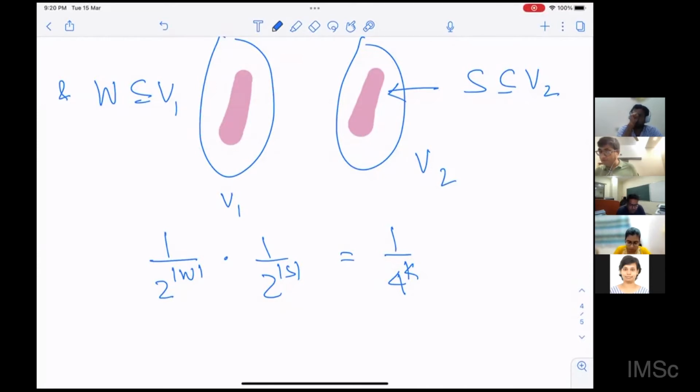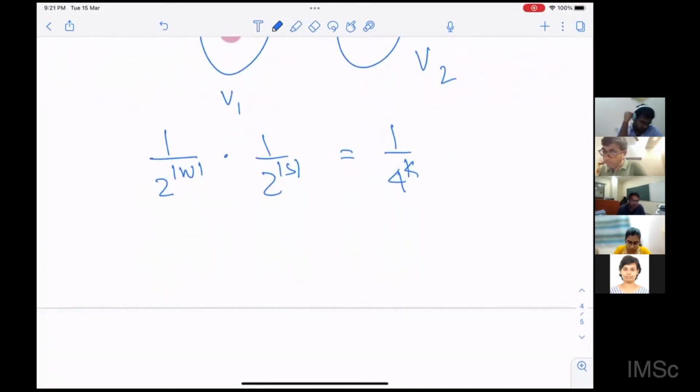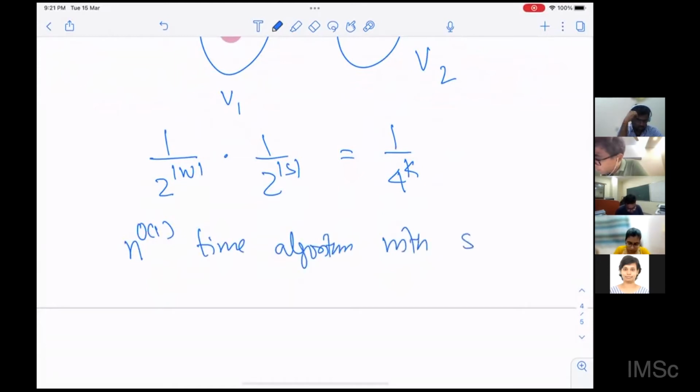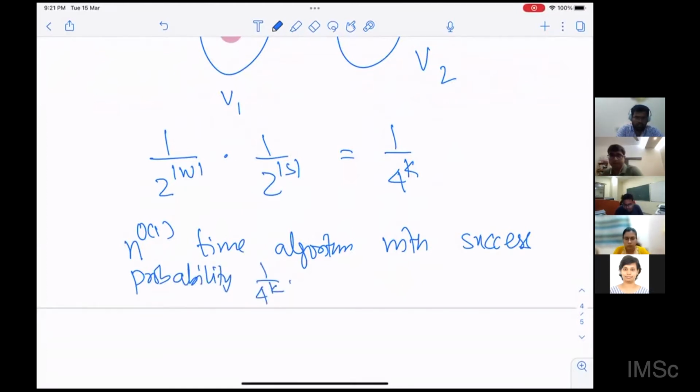So this is what we did last time. And what was our algorithm? This is a polytime algorithm, an n to the power O(1) time algorithm with success probability 1 over 4 to the power k.